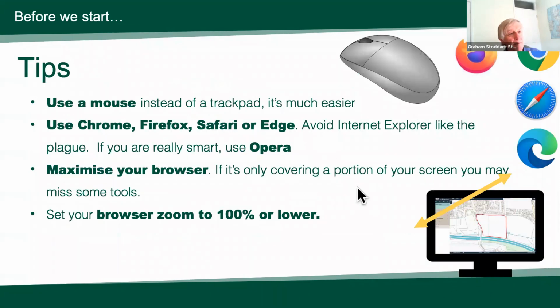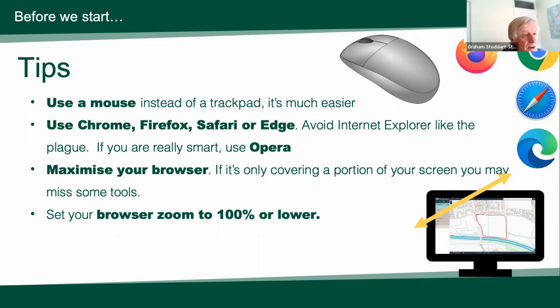So a few tips to people before they're getting started. It is a lot faster and easier to use a mouse. I'm sorry for those of you who are just wedded to trackpads. They tend to be Apple people, but it is easier with a mouse. Stick with the mainline browsers. So Internet Explorer is past it, is obsolete.